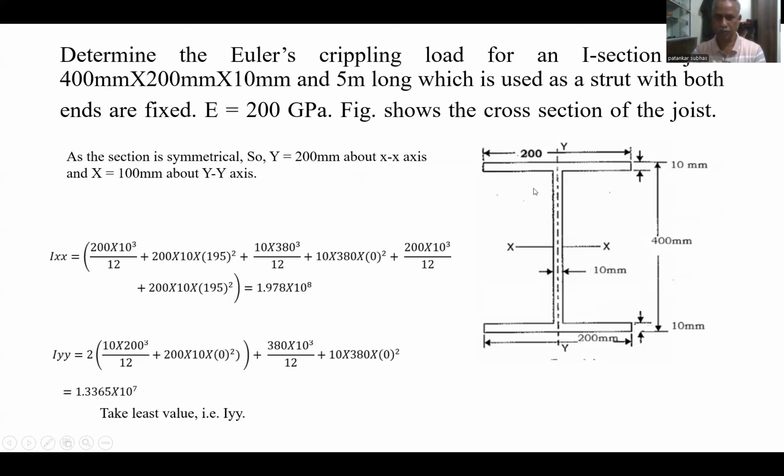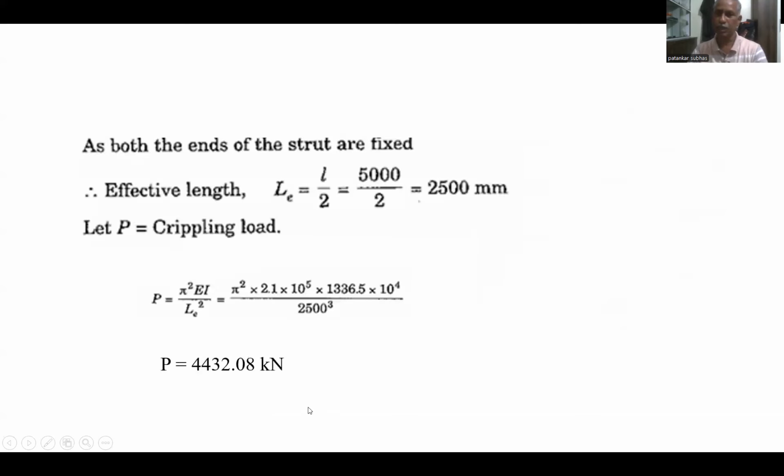These two sections are the same, that's why 2 times BD cube by 12 plus 200 into this one. Again, the value of H is 0, so we get BD cube by 12 plus BD cube by 12. So Iyy is 1.3365 into 10 raised to the power 7. It is observed that as compared to Ixx, the lowest value is Iyy. Therefore, we consider I equal to Iyy.